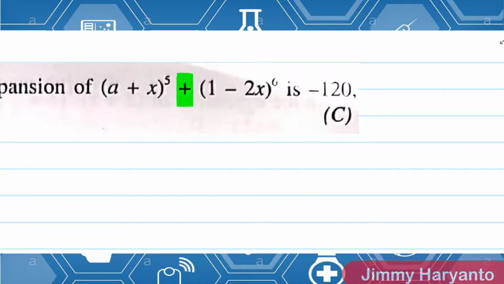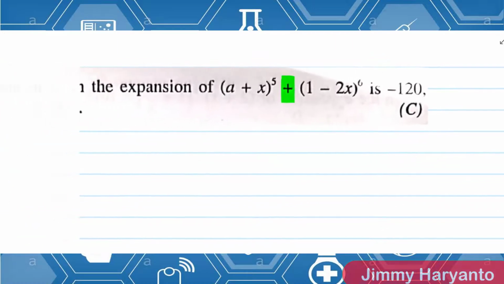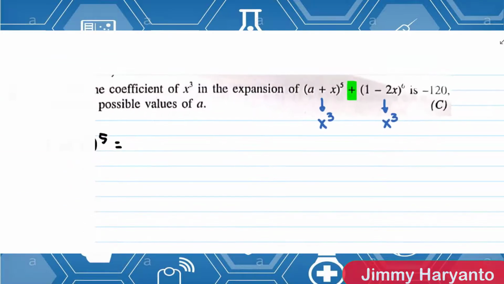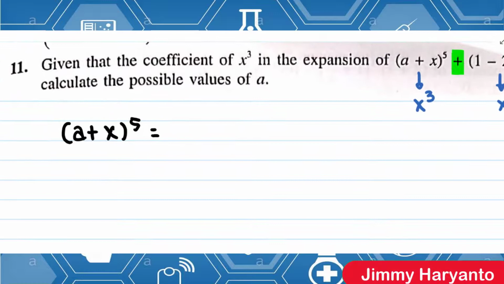If you have addition as its operation, you only have to find the term that the question wants, x to the power of 3. So logically I have to find x to the power of 3 from the first expansion, and then I have to find the x to the power of 3 from the second expansion. So you only have to find x cubed.